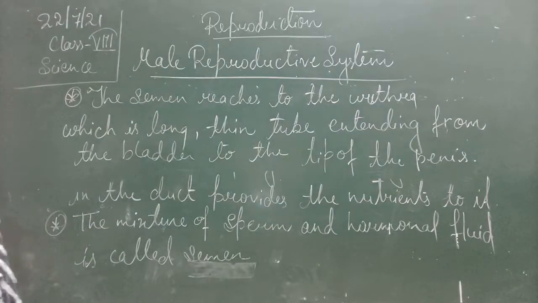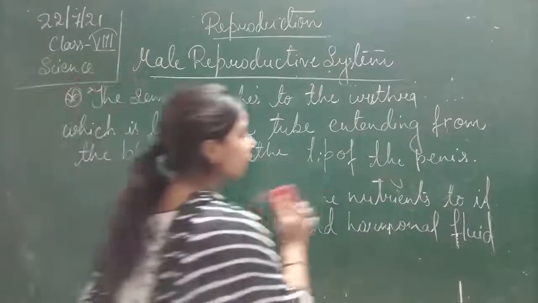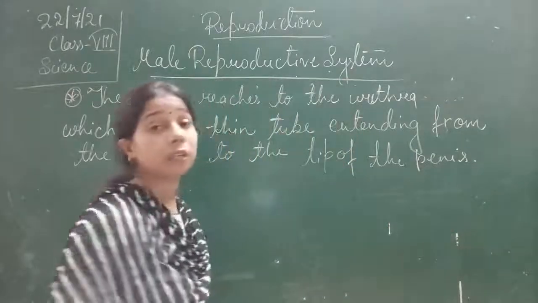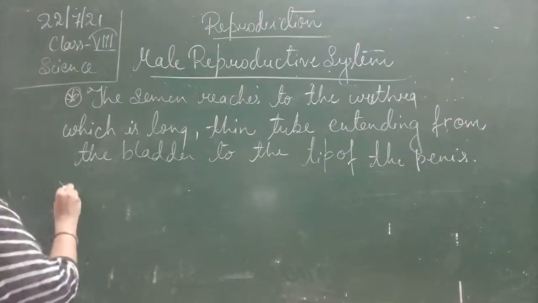Okay. Now, what is the role of the urethra? We can say here that the urethra is not only responsible for releasing the urine, but also the semen out of the body.